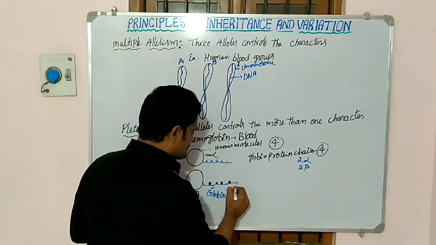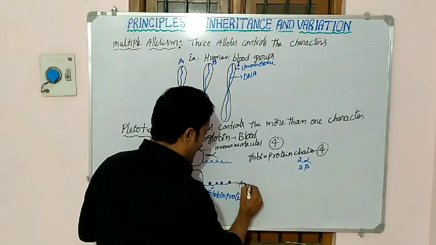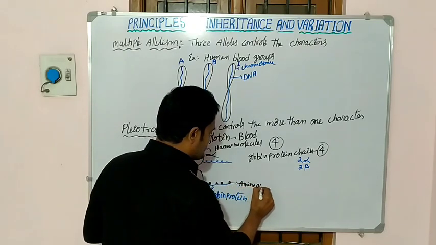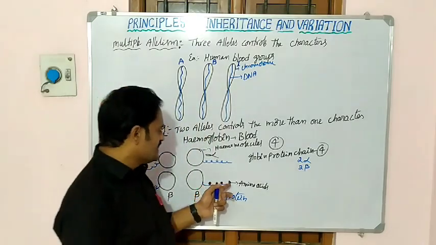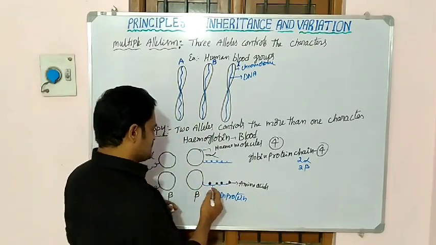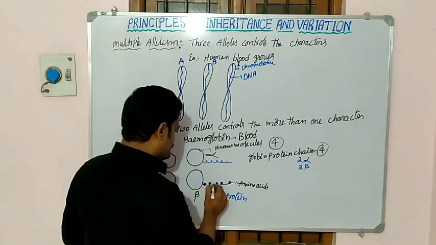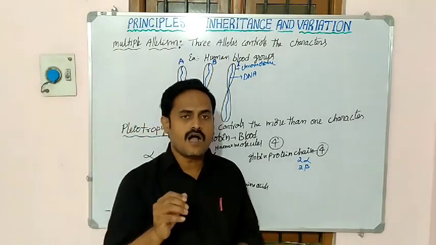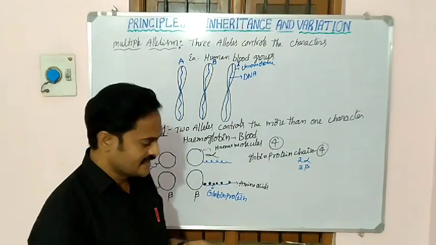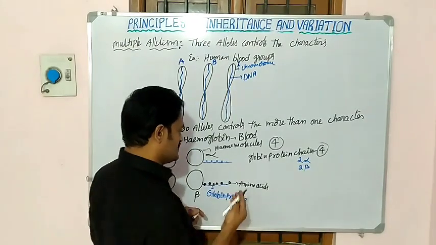In these amino acids, mainly the 6th amino acid, commonly it releases glutamic acid.